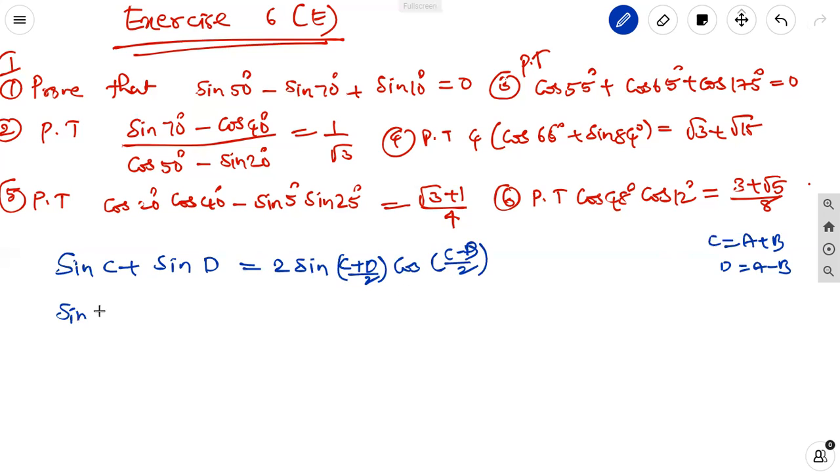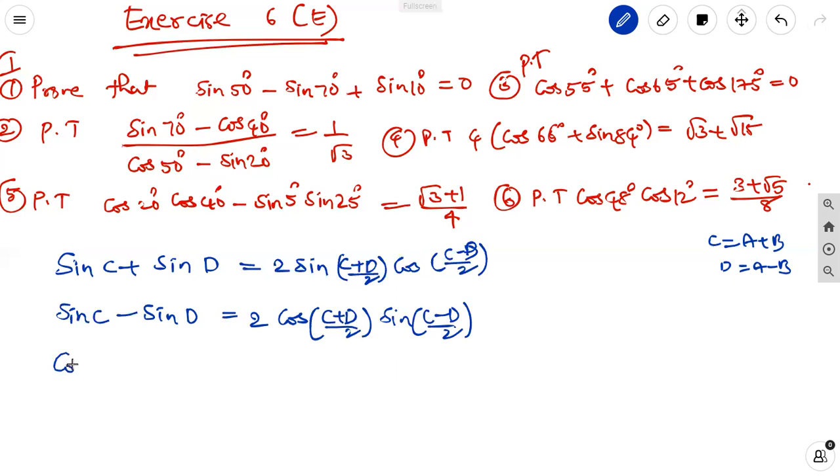And sin C minus sin D is equal to 2 cos. If we subtract, after the first terms get cancelled, we are getting the cos and sin terms: 2 cos of C plus D by 2 sin of C minus D by 2.